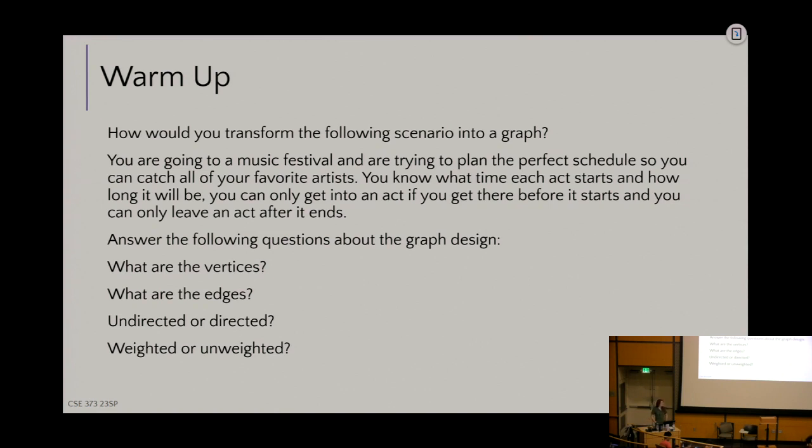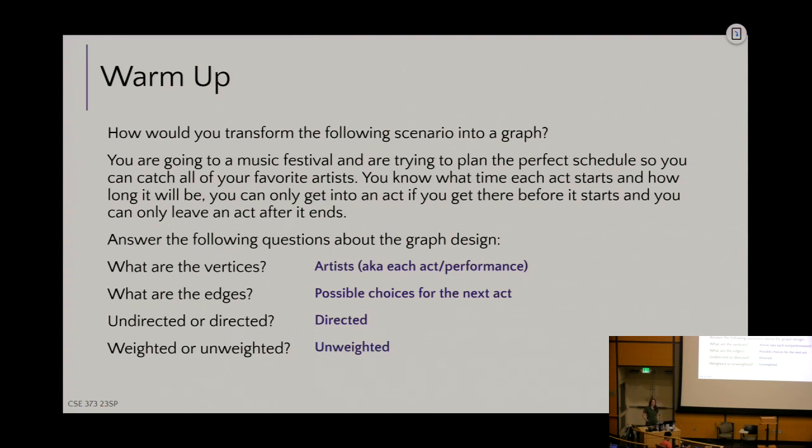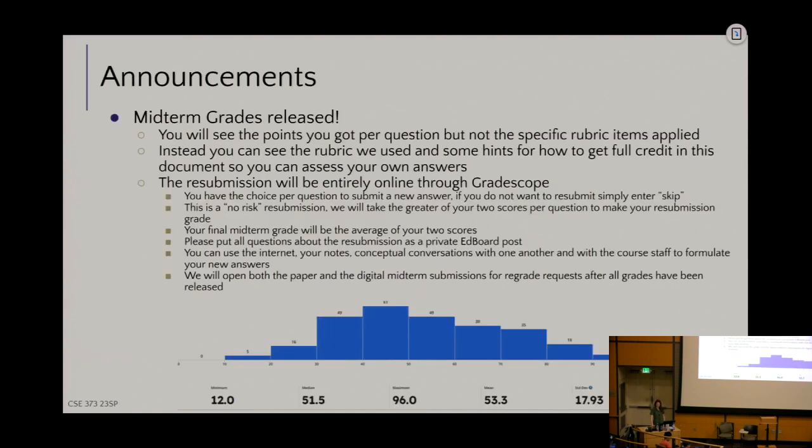Like, how do you travel from one state, meaning seeing no musicians, to a final state, meaning seeing the most musicians you can? In this context, the vertices would be the artists, and the edges would be possible choices. Building out this set of possible choices as you travel the graph, you can get some of the permutations for what your options might be. So another way to think about graphs. Okay.